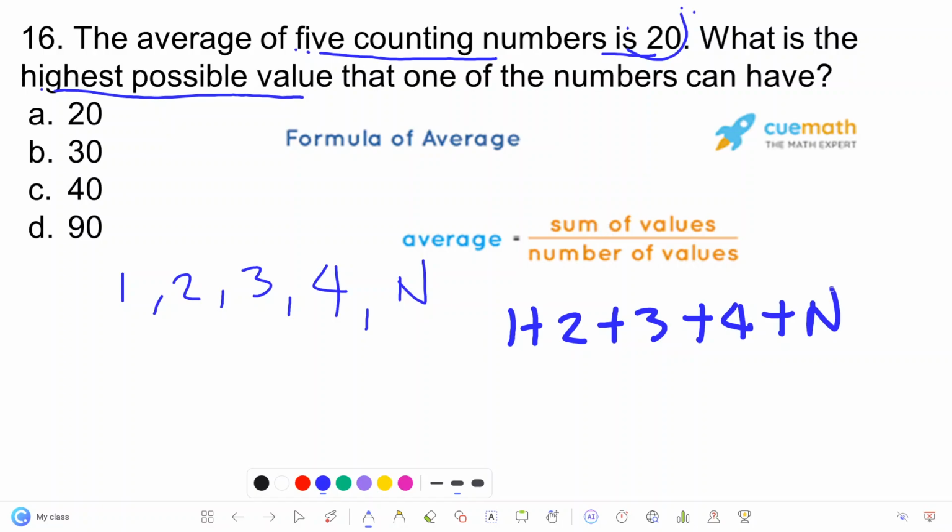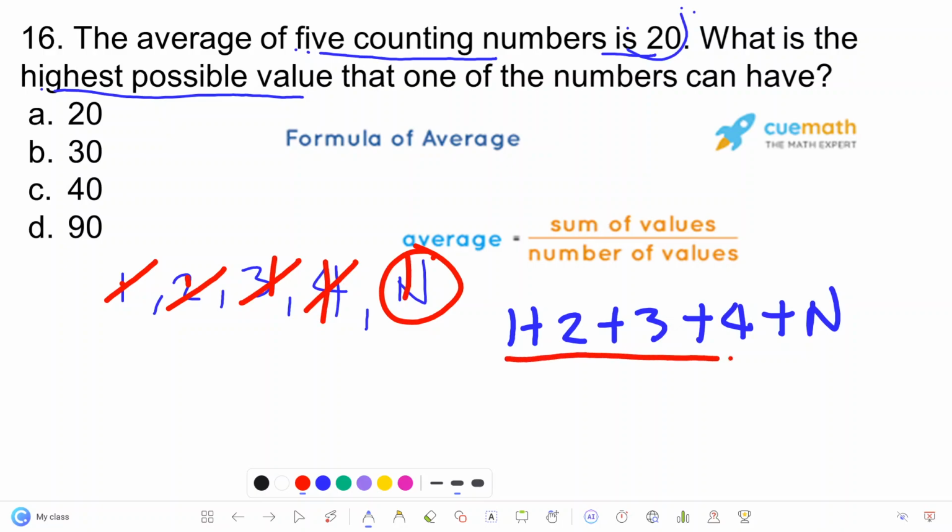Bakit naging ganito? Ito yung first value mo, 1, second, third, fourth, at ang n na highest possible value na hindi natin alam. Ngayon, ilan ba ang number of values? So let's count. 1, 2, 3, 4, 5. So this is over 5. Okay? So, ang average daw niya is equal to 20.